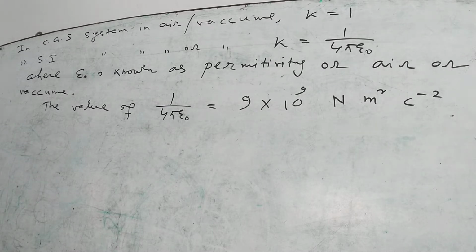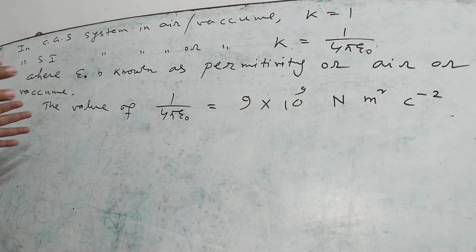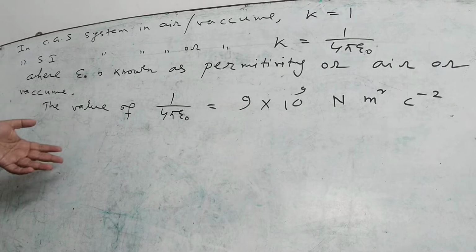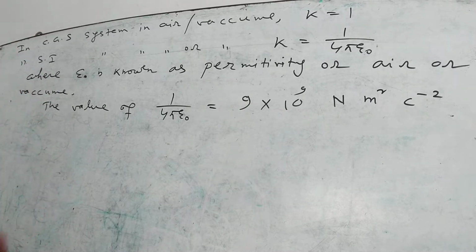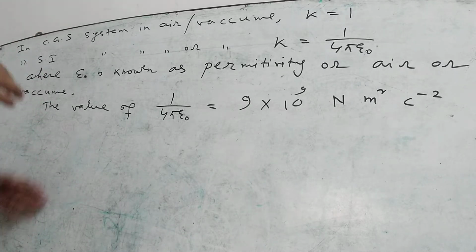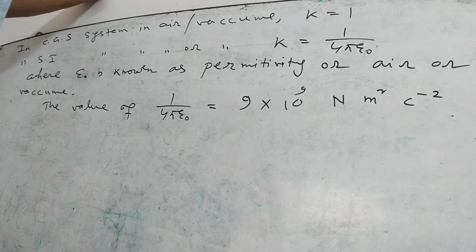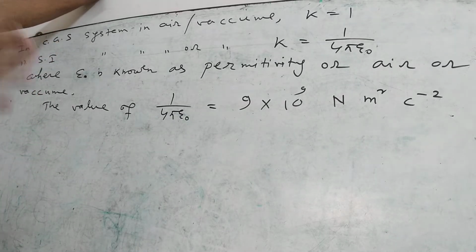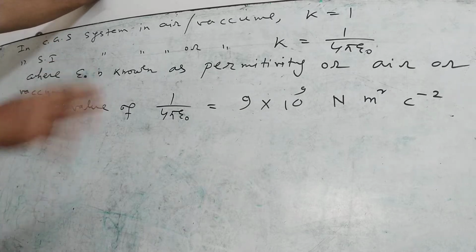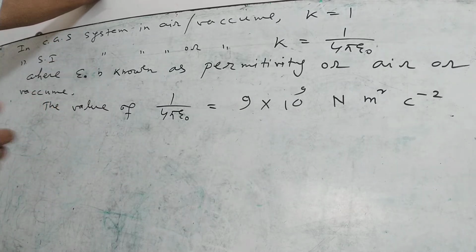Now we are going to discuss electric field and electric potential, but in future we will write Coulomb's theorem or electrostatics laws or formulae in the SI system. It is more convenient and applicable in present time.